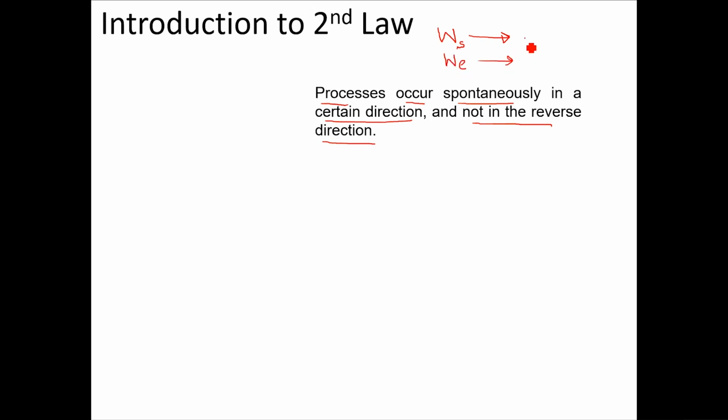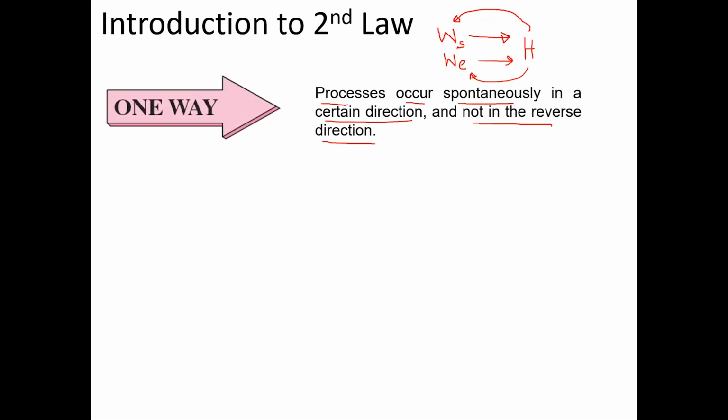But based on your observation, you say that heat cannot directly convert into work, whether it's shaft work or electrical work. So there is one-way traffic going on, or a single direction in which the processes are taking place.